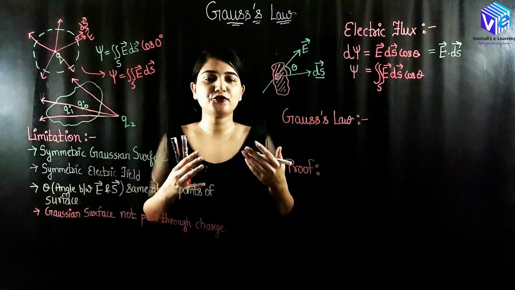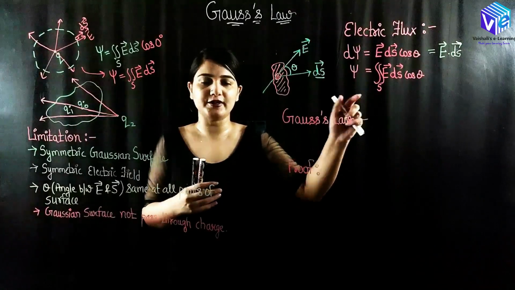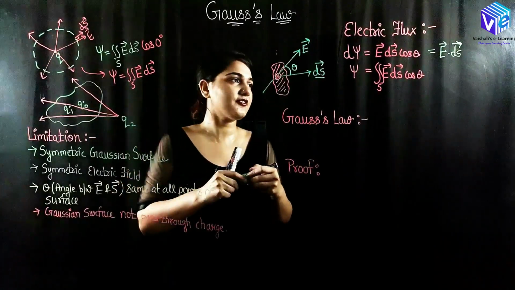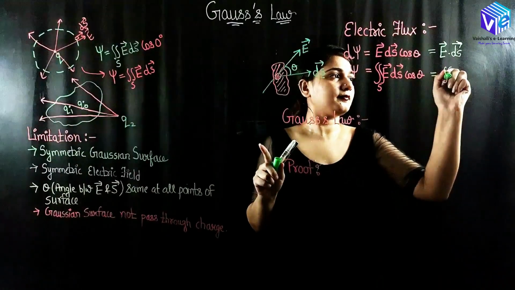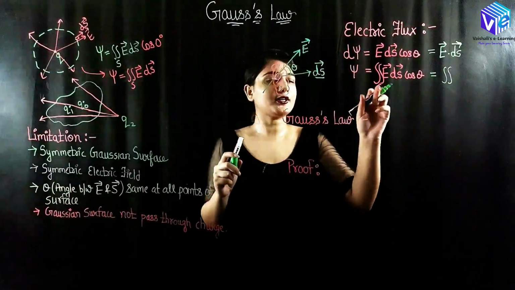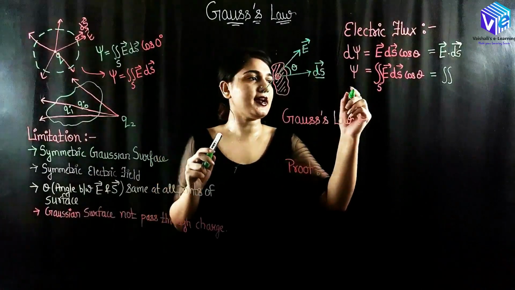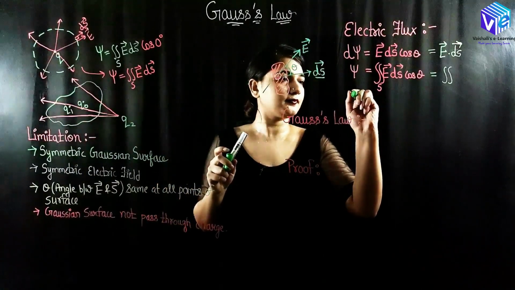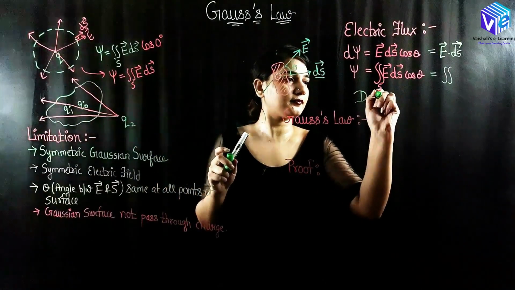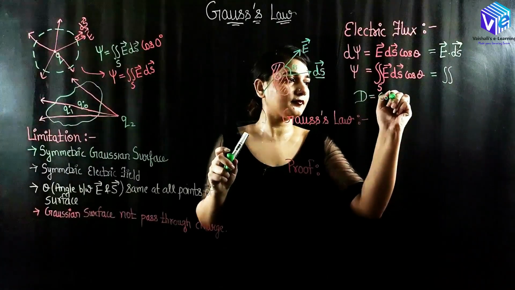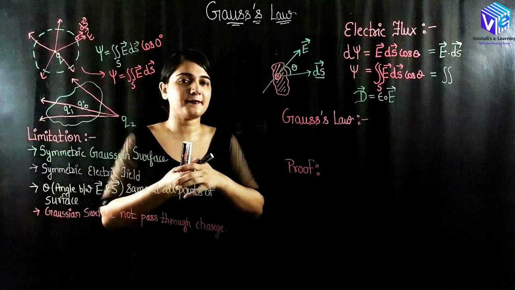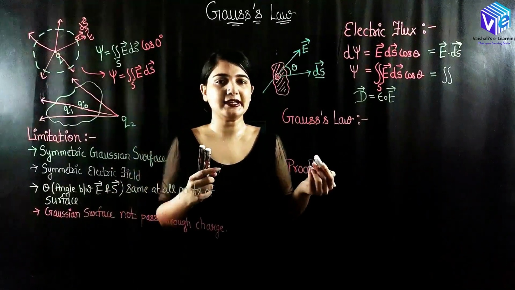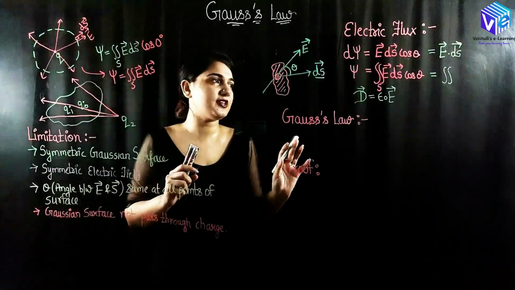Now if I have to represent this in terms of D, the electric flux density, how can I represent it? First, we should know the relationship between E and D. D was epsilon naught into E, where epsilon naught is the permittivity of free space.